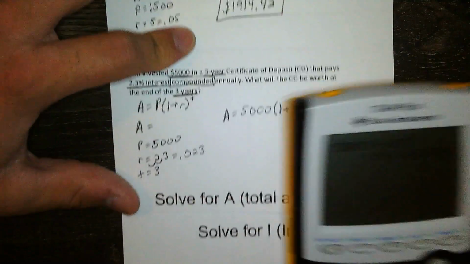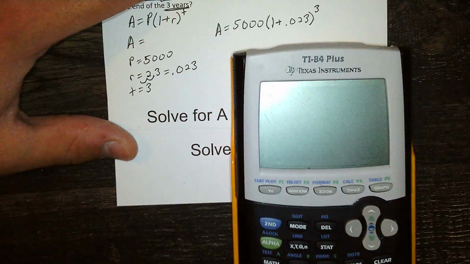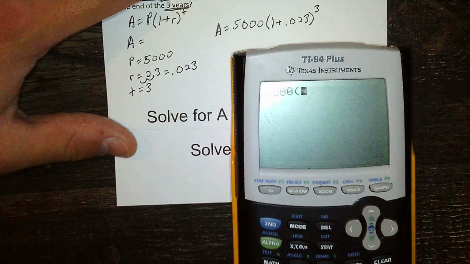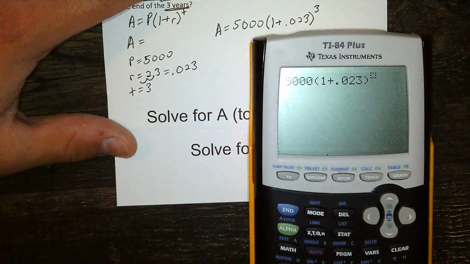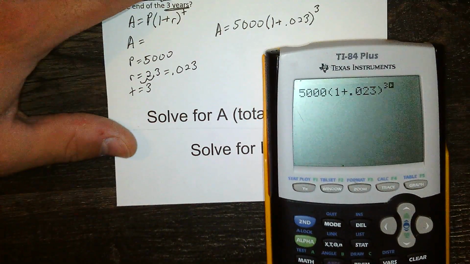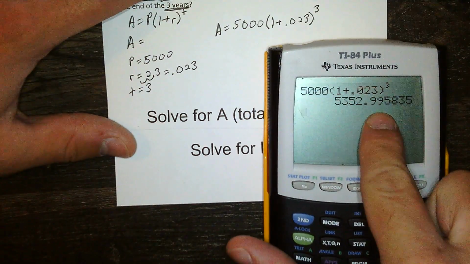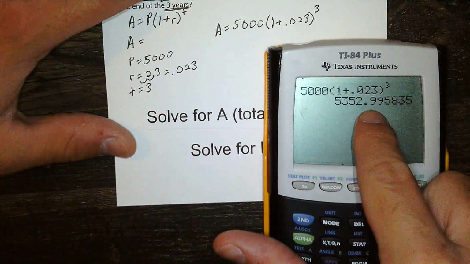Then again, use your calculator. Get out your calculator, get the app I told you to download, plug it in. So 5,000, parentheses, 1 plus 0.023, close the parentheses. Raise it to the power by using this little up arrow underneath clear, and then we're going to use 3 for 3 years. So it looks like that. Then round it to 2 decimal places. So that would be $5,352.99.